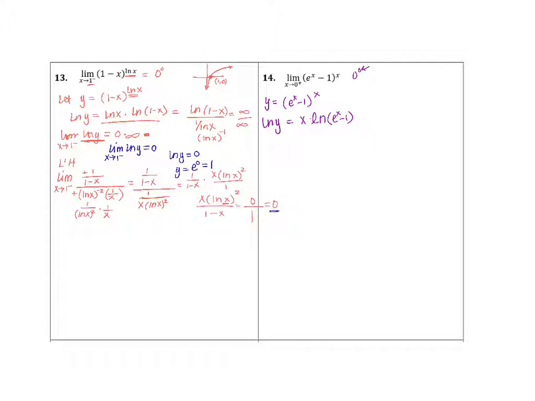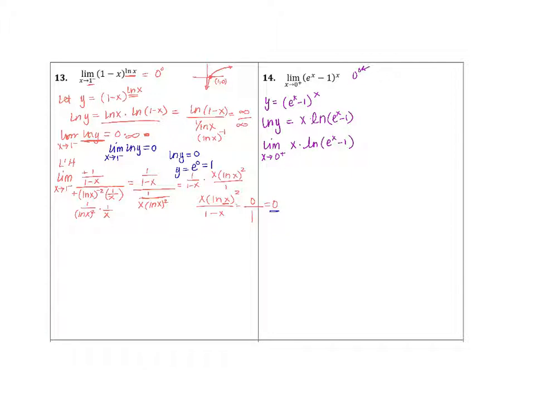All right, and so now if we do our limit as x approaches 0 from the right of x times natural log of e to the x minus 1, we are going to have a mess here. We still end up with having 0, looks like times infinity.